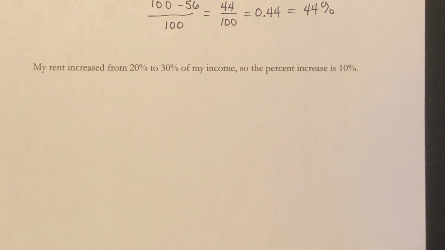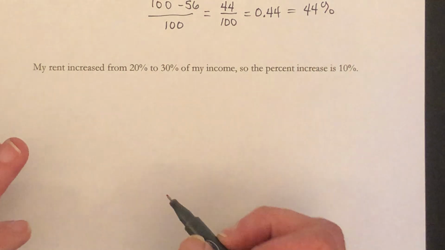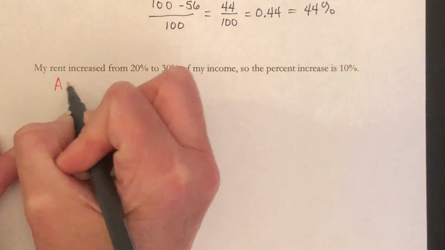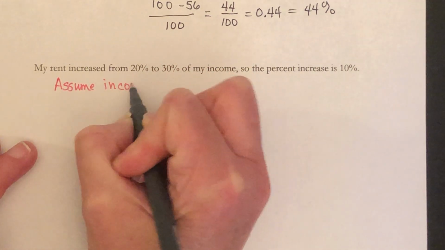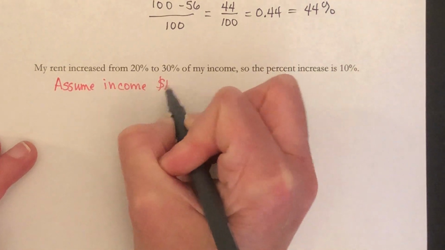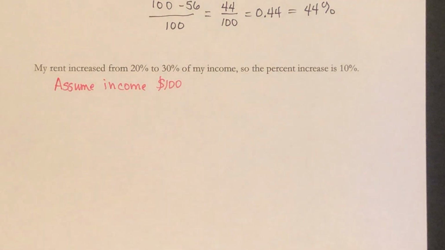So again, since we're not given the amount of the income, we can pick a number that's going to make our life easy. Now, I really hope this person's income is not $100, but we can still assume that. Or if that's really bugging you because it's too small, you can give that person $1,000 income or 10,000 and so on and so forth.